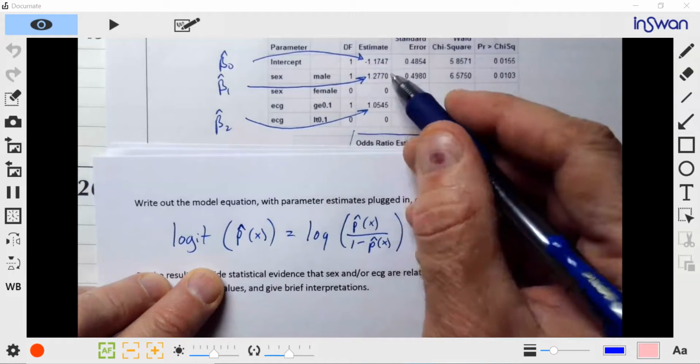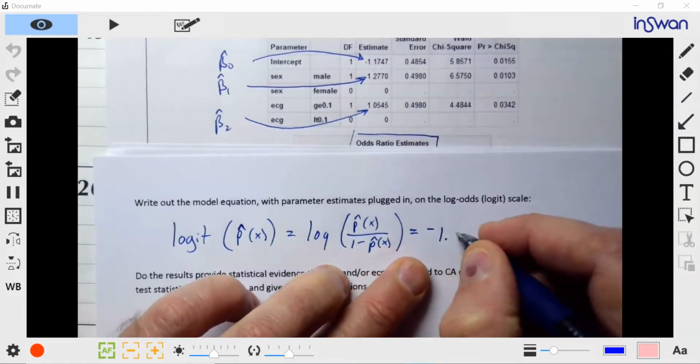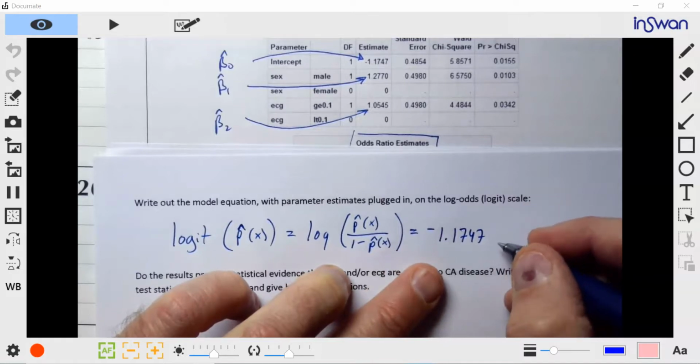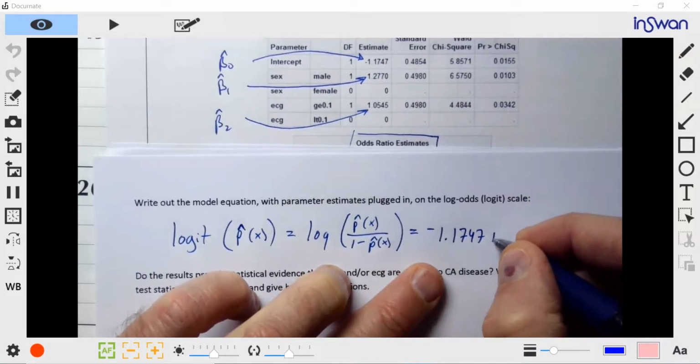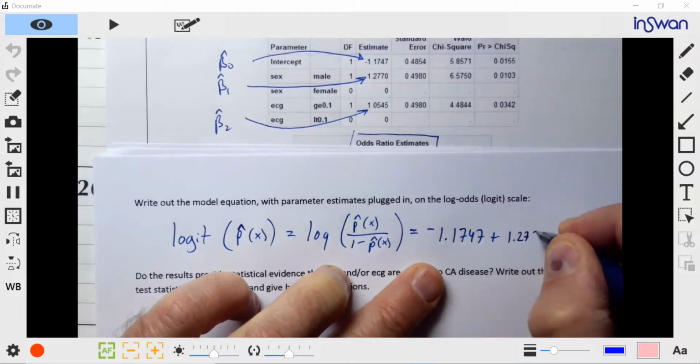And based on our estimated model here, this is going to be negative 1.1747 is our intercept, plus 1.277 times male.